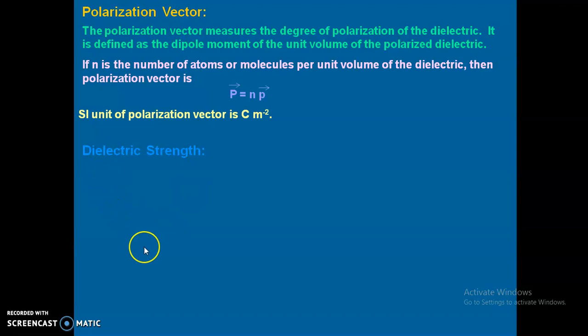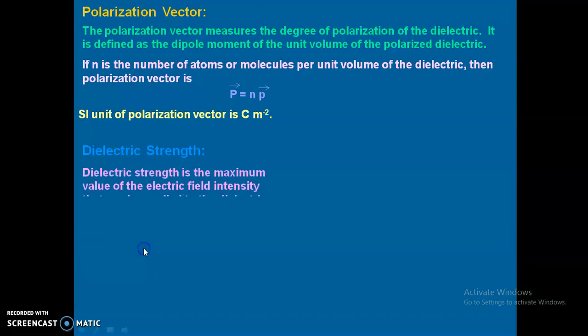So what is dielectric strength? Let us define dielectric strength. Dielectric strength is the maximum value of the electric field intensity that can be applied to the dielectric without its electric breakdown.